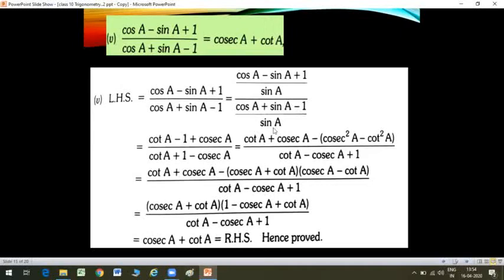Now in the numerator we can separate the terms. Cos A by sin A, this becomes cot A, minus sin A by sin A, this is minus 1.